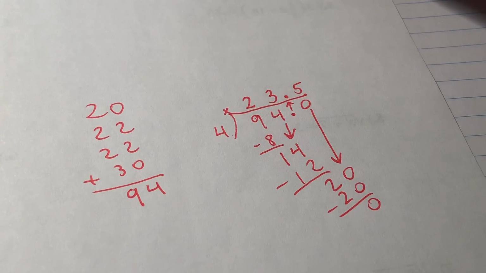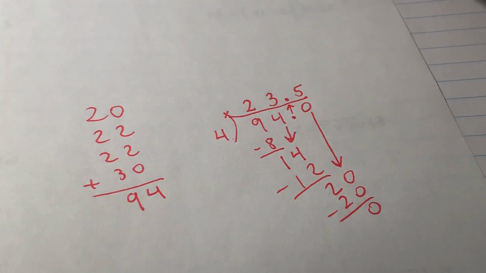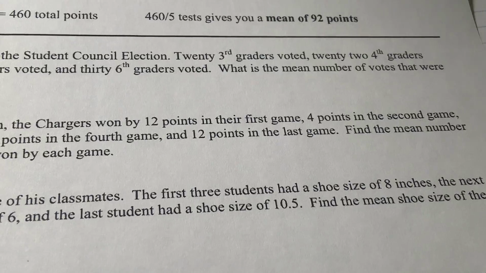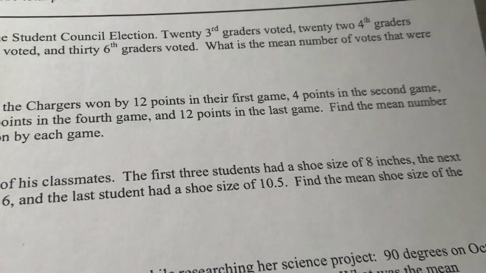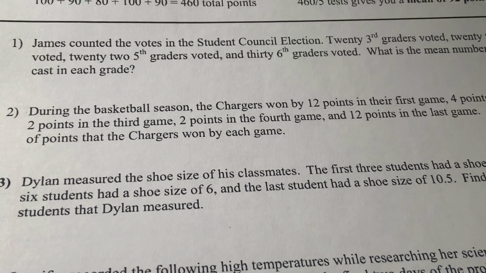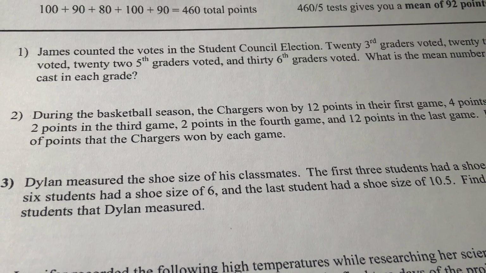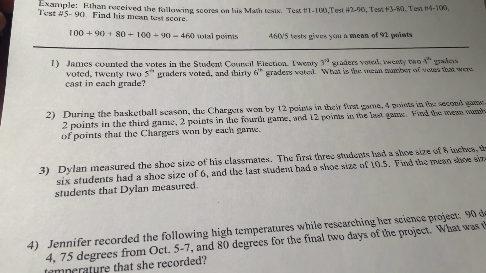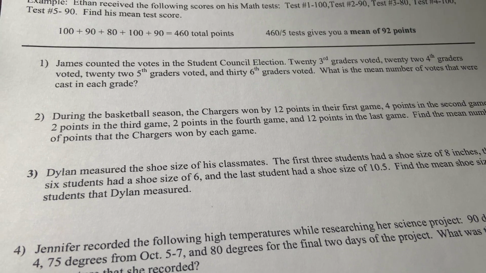So the mean number of votes, going back to this question, the question says, what is the mean number of votes that were cast in each grade? And that answer would be 23 and a half or 23.5 votes were cast in each grade.